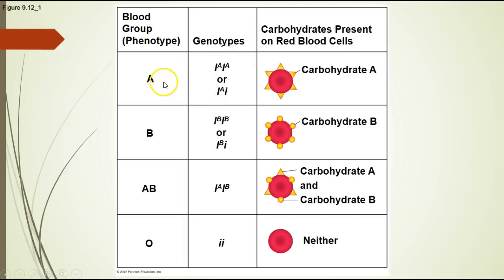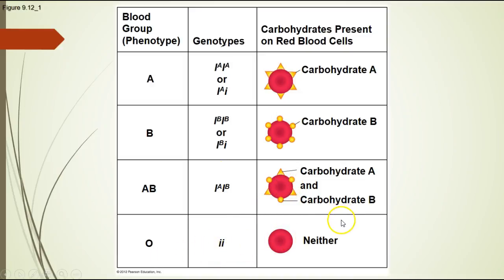If you have type A, you've got the A type carbohydrate on your red blood cells. If you have type B, you have the B type, and you can see in the picture here, the way it's illustrated, there are different carbohydrates. If you have AB, then you have both types of carbohydrates on your blood cells, and if you have type O, you have neither one.